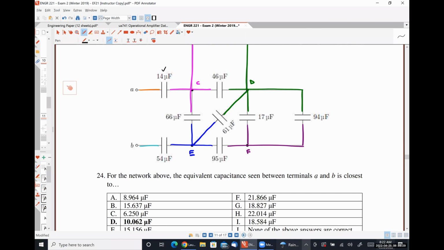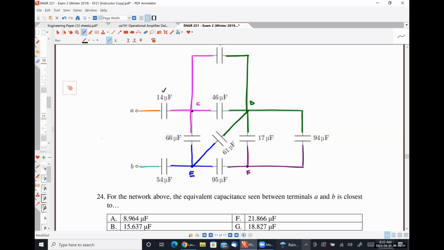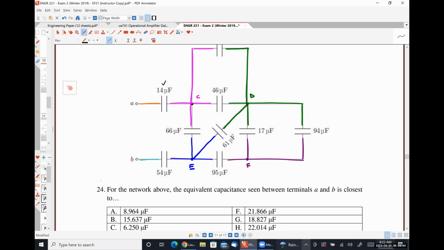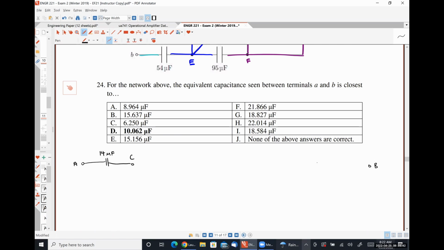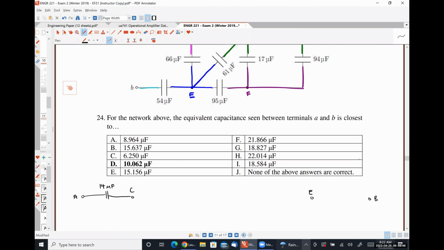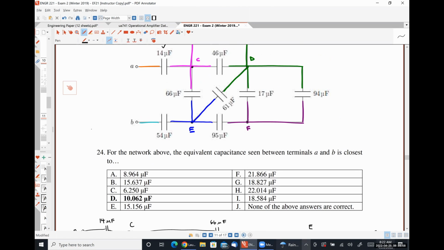Now, to go from C to B, the shortest path is to go from C to E to B. So I'm going to put E here. And to go from C to E, I can go directly through my 66 microfarad capacitor.